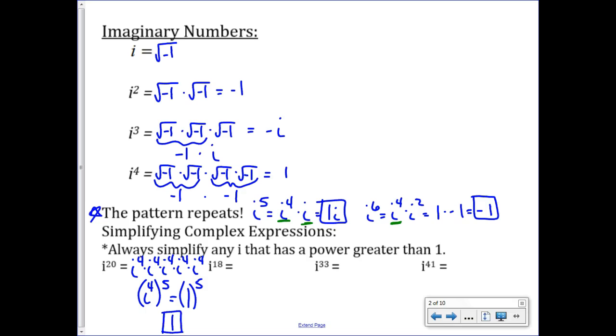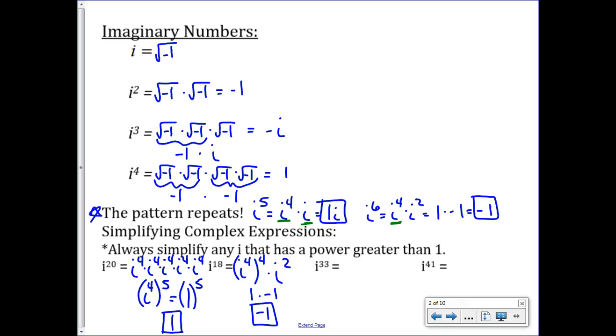i to the 18th, we have i to the fourth in there 4 times. That gets up to i to the 16th, and then we have i squared left over. What was i squared? i squared was -1. So we have 1 times -1, or just -1. i to the 33rd.